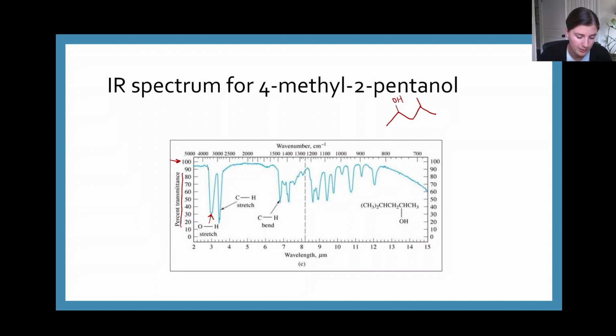It also has carbon to hydrogen bonds, and so those absorb energy in that area as well. So IR spectra tell us information about what types of bonds are present in the molecule, not exactly how different functional groups are bonded to each other. NMR tells us more information about that. But again, we can still see what types of bonds are present.